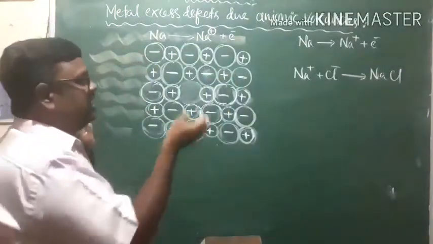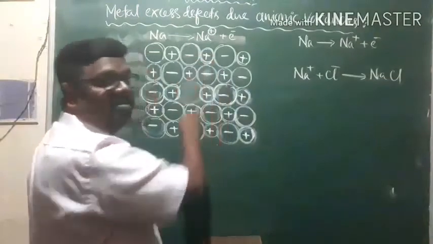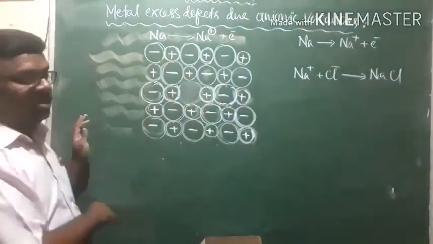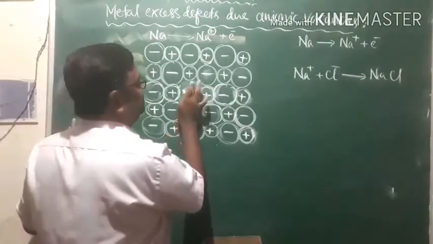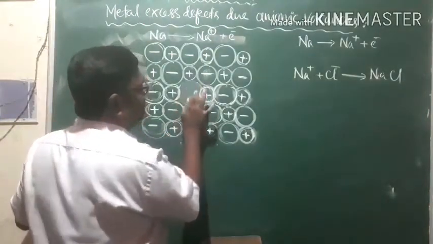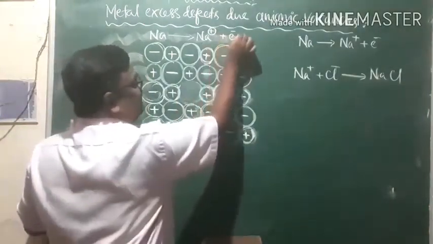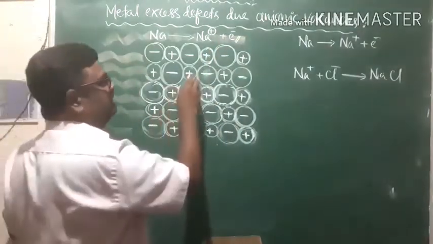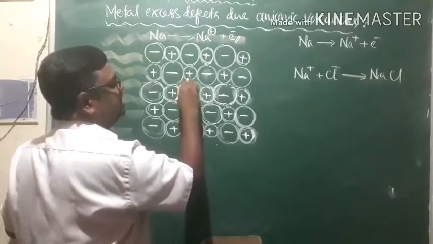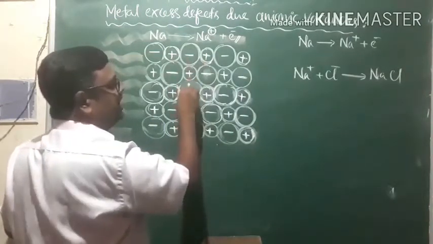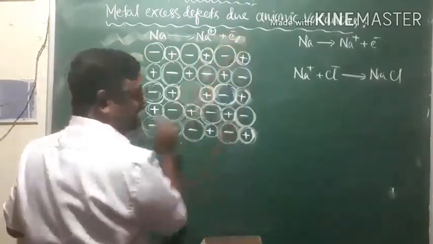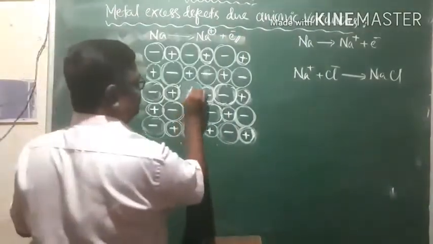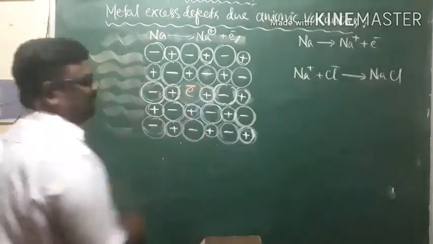In order to maintain the electrical neutrality of the crystal, the vacancies created by the missing anions will be occupied by electrons. The electron will occupy this particular position.